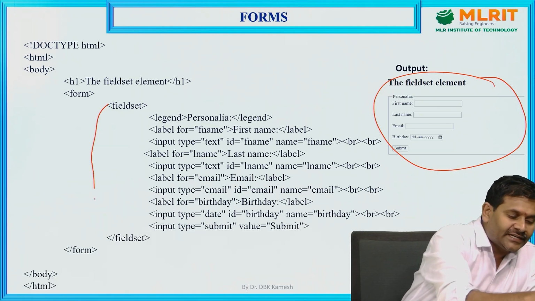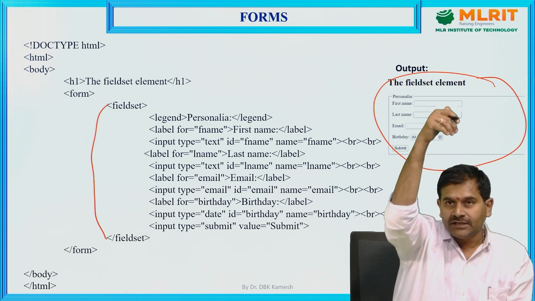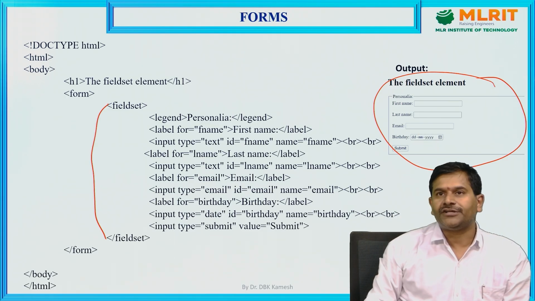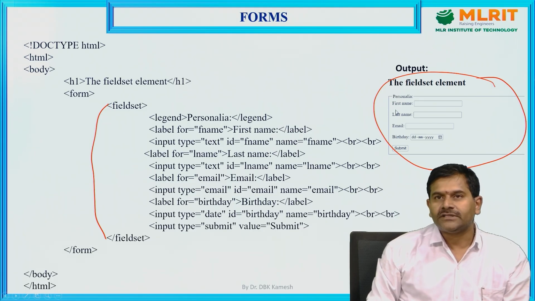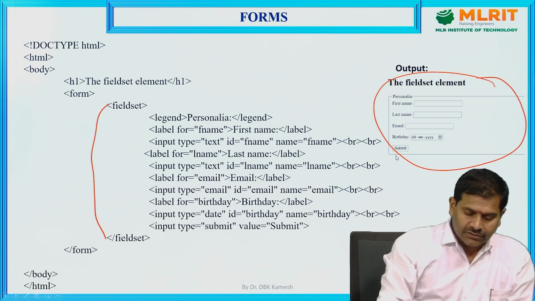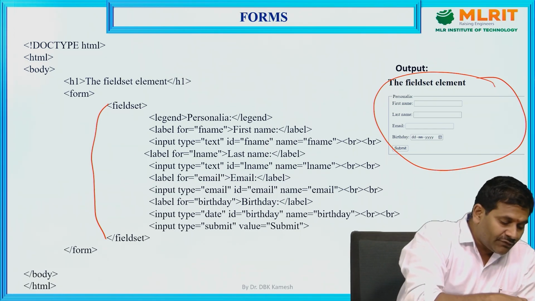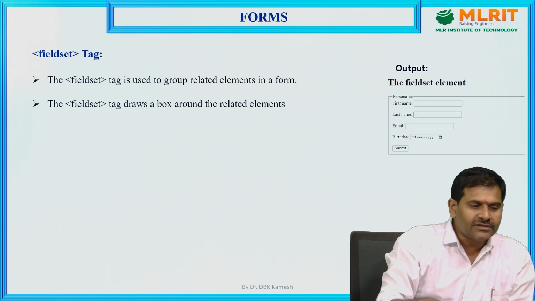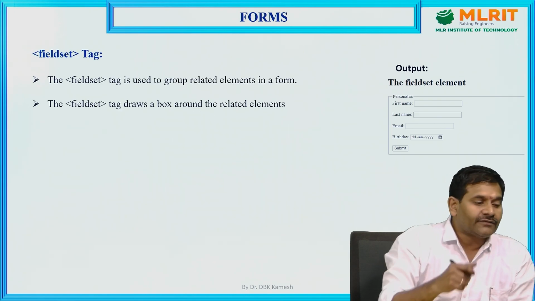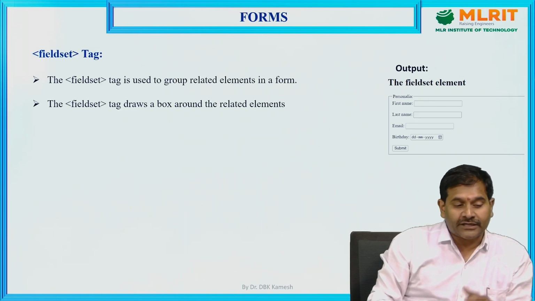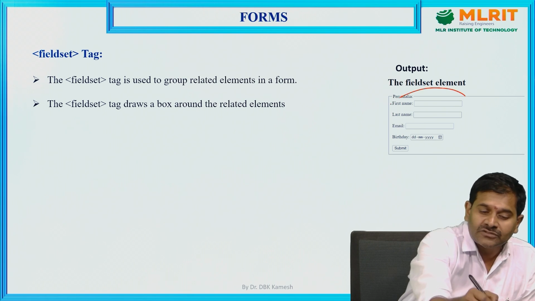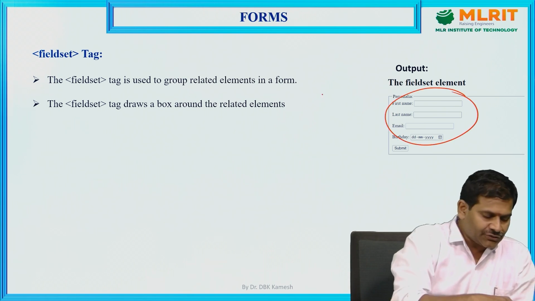In the fieldset, everything shows in a single parallel line: first name, last name, email, birthday, and submit button, right? Look and feel are very important, so we use this kind of form. The fieldset is used to group related elements in a form, just these group of related fields, so that it shows like this.